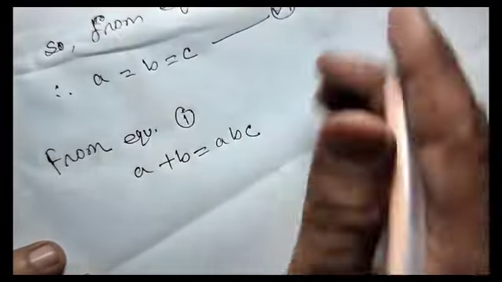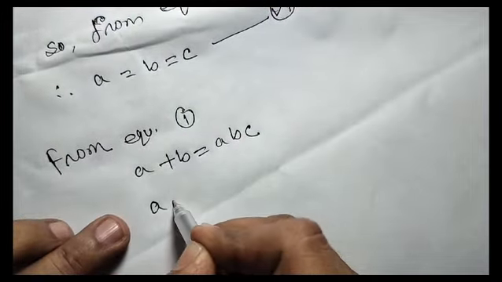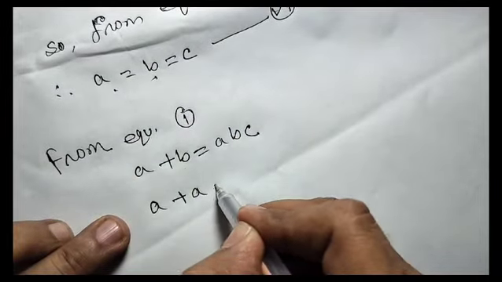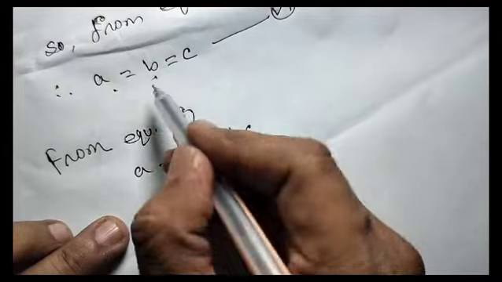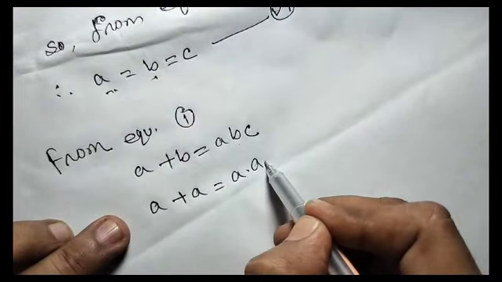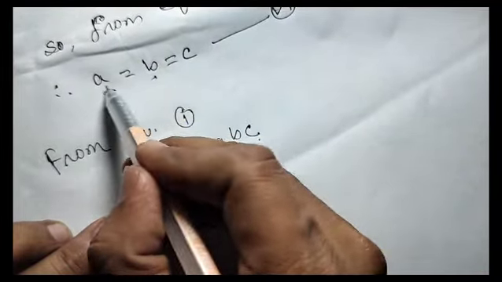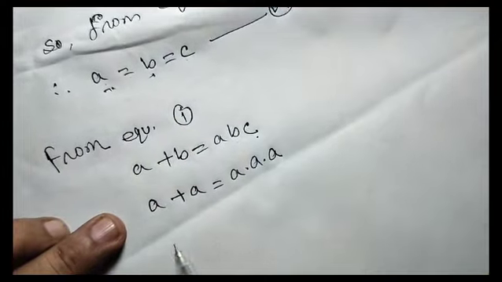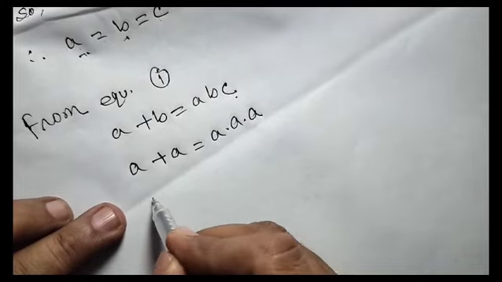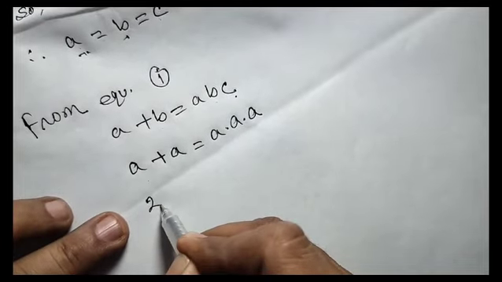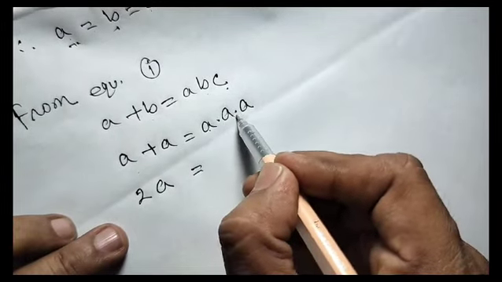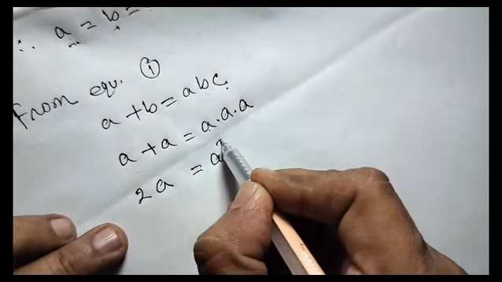Here we can substitute the values: a plus b means a plus a, and c also means a. After that, a and a means twice a equals a into a into a, that means a cube.